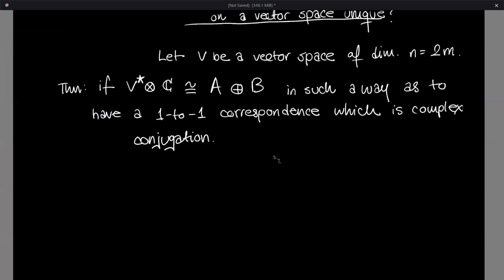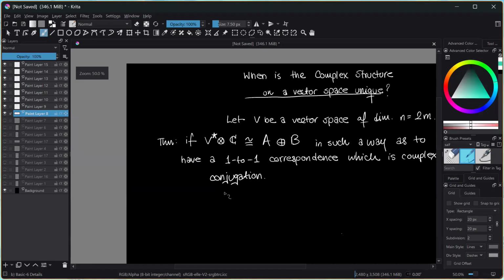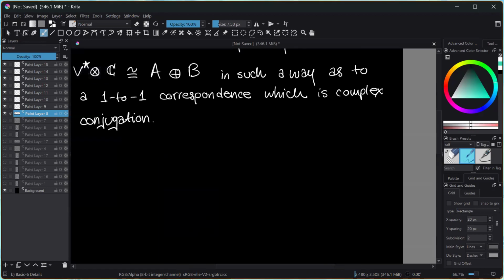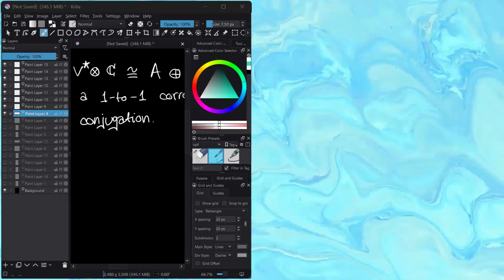Oh, my pen is no longer working. That's going to be a little tough. Let me see. We're going to have to do a little bit of tech support in the middle of this. Let me see if I can fix that. It says device is connected.